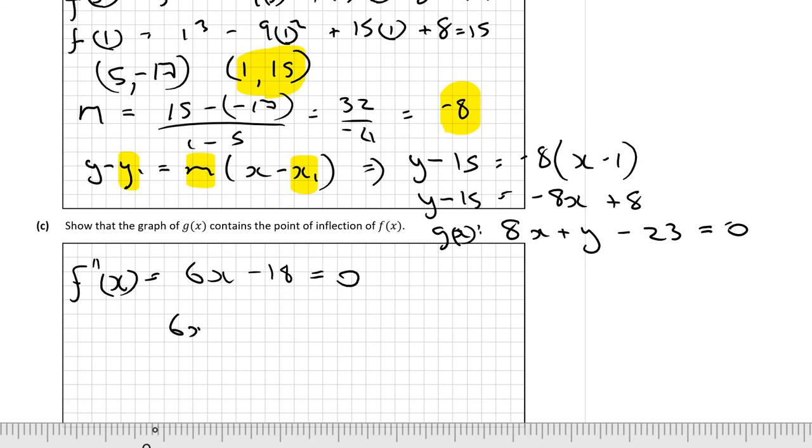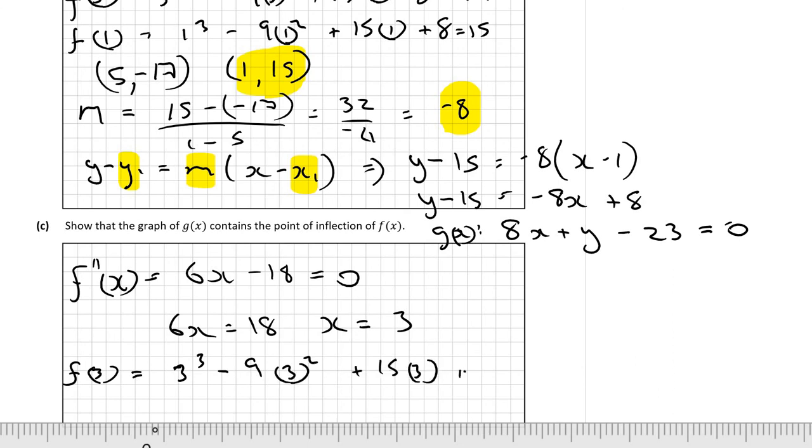So 6x equals 18, x is equal to 3. What's the corresponding value of y? Well, plug 3 into the original cubic. It's going to be 3 cubed minus 9 times 3 squared plus 15 times 3 plus 8. You put that into your calculator and you get a result of minus 1. So the inflection point is 3, minus 1.